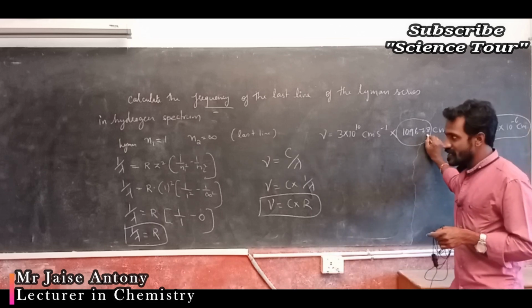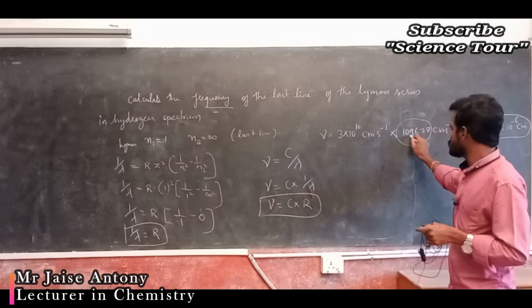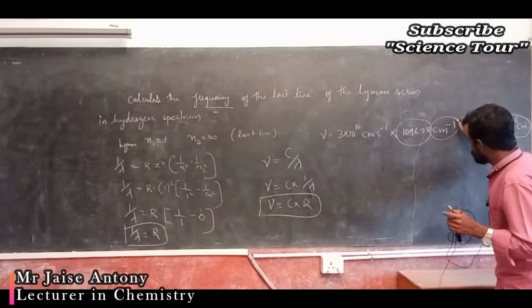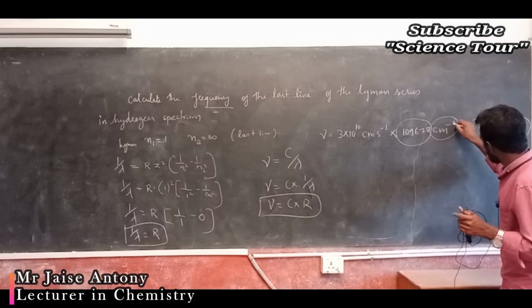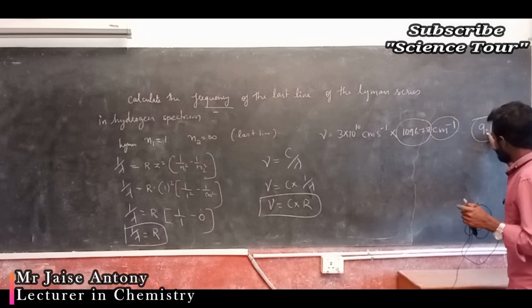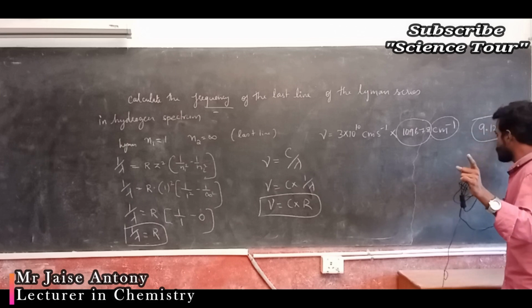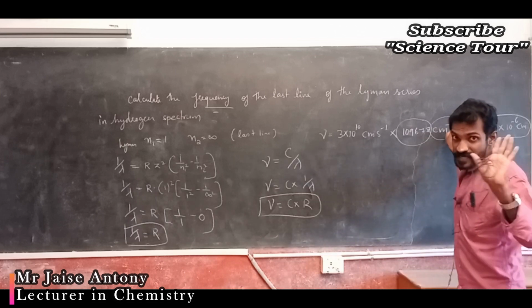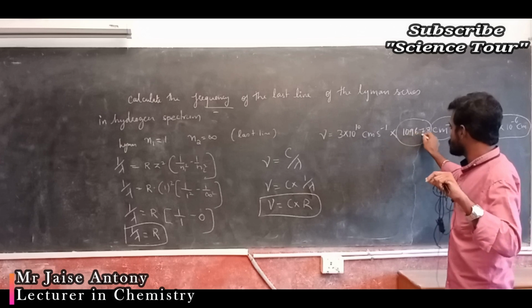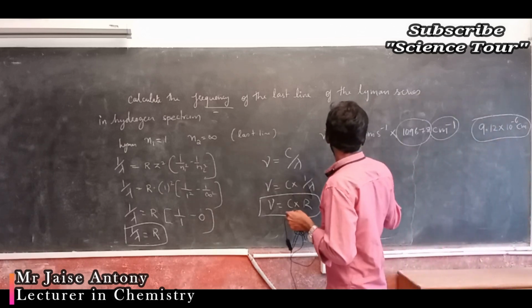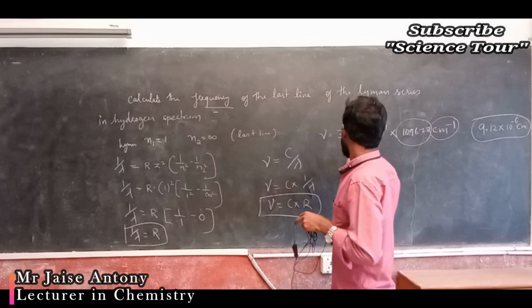If you are writing in centimeter inverse, it is 109678 centimeter inverse. Note down this small change: writing the R value in centimeter is 9.12 into 10 to the power minus 6, and in centimeter inverse it is 109678. That we have already given. So by solving this one, how much are you getting?